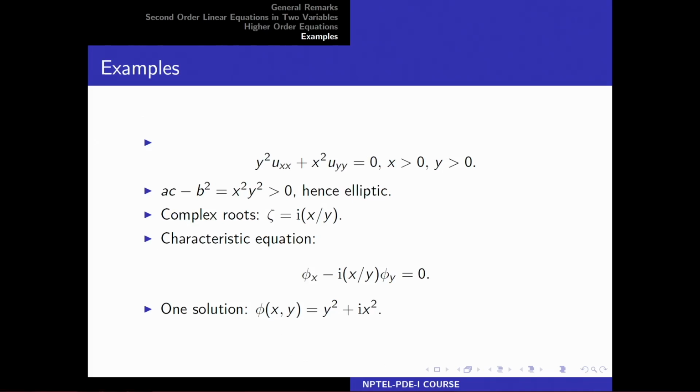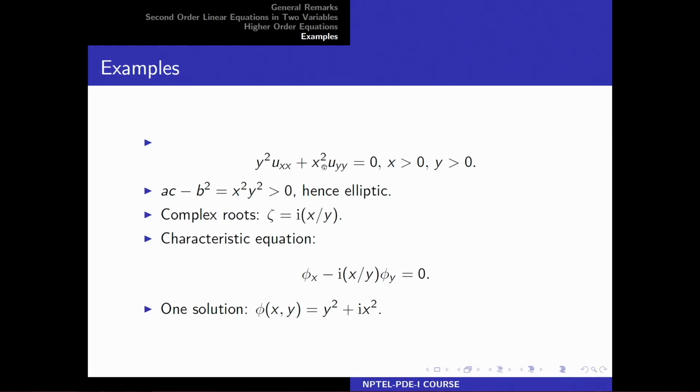more example. So, this is y square u x x plus x square u y y equal to 0. If either x is 0 or y is 0, we see that one variable is missing. So, these can be 0 only on the axis.